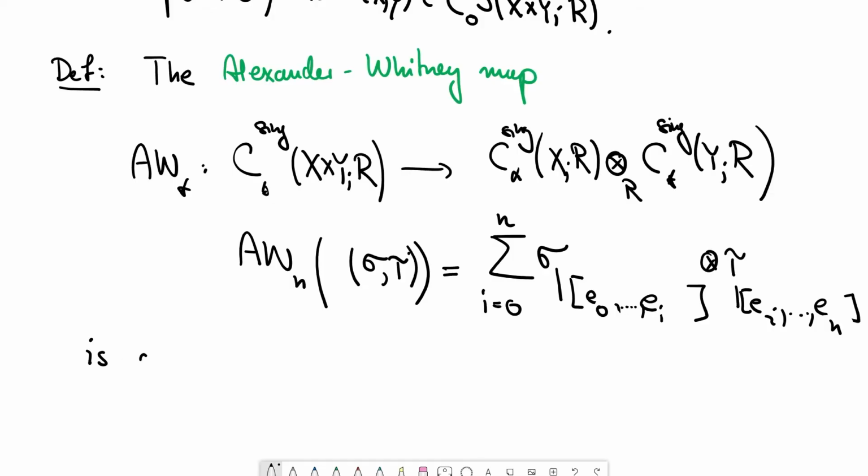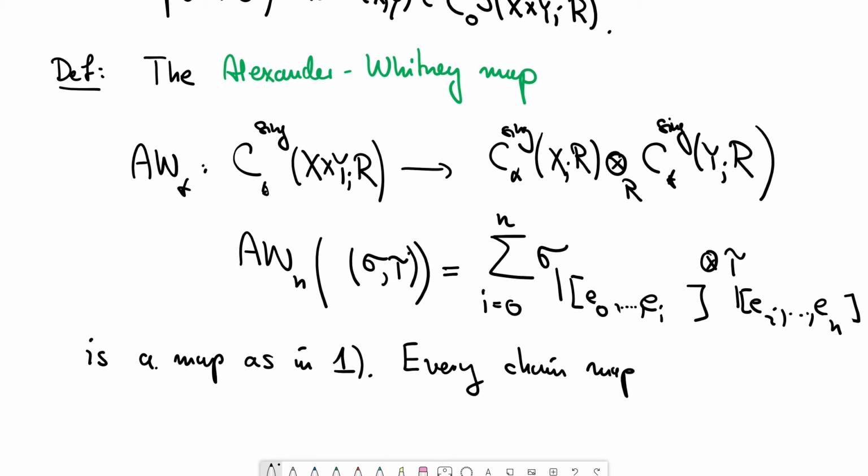So let me write, a map as in 1, in the first statement in the Eilenberg-Zilber theorem. And again, this is called the Alexander-Whitney map. The convention is that every chain map as in 2 is called an Eilenberg-Zilber map.